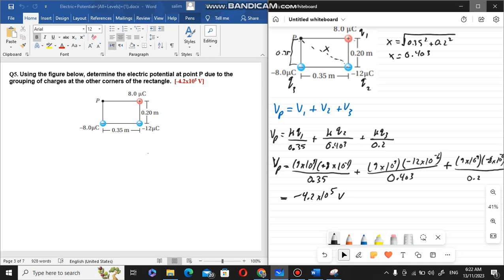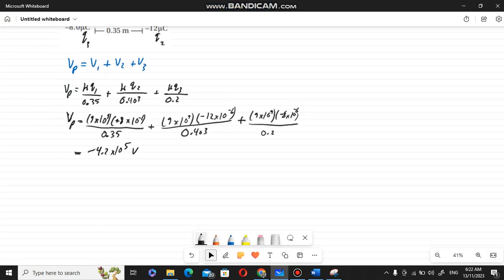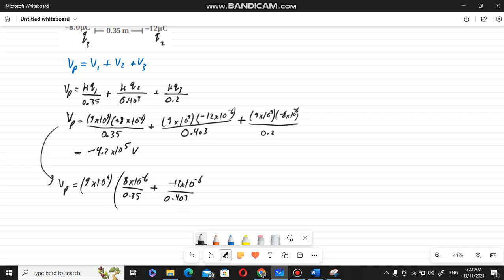Or you can take the common factor, 9 times 10 power 9, and multiply it by Q over R for each one of them: 8 times 10 power minus 6 over 0.35, plus minus 12 times 10 power minus 6 over 0.403, plus minus 8 times 10 power minus 6 over 0.2. When you do that, you will get the same answer. We just took the K as a common factor.